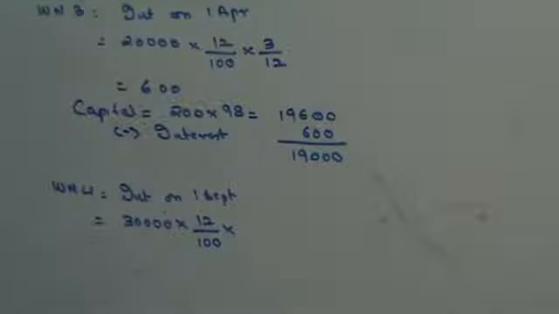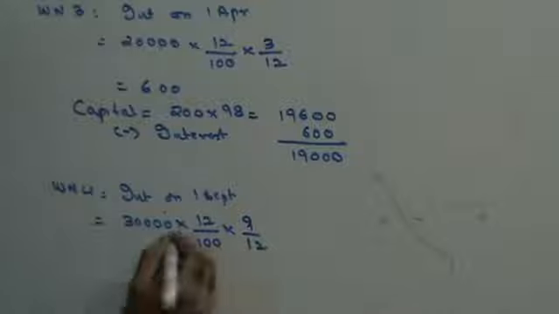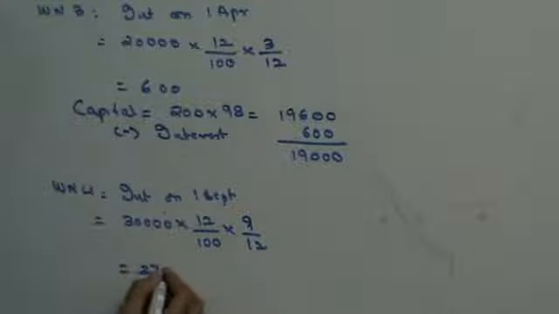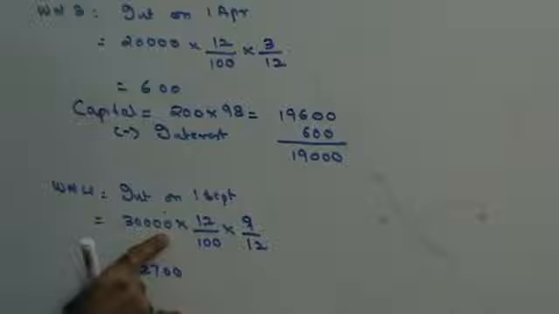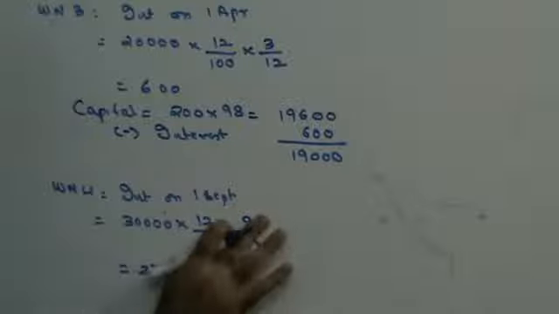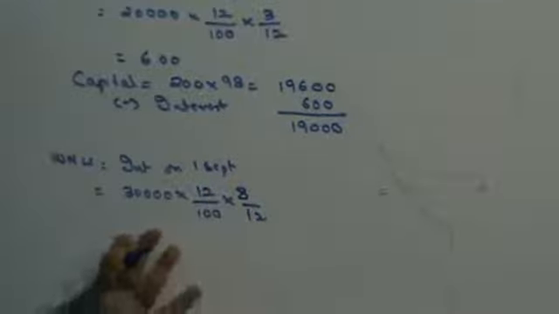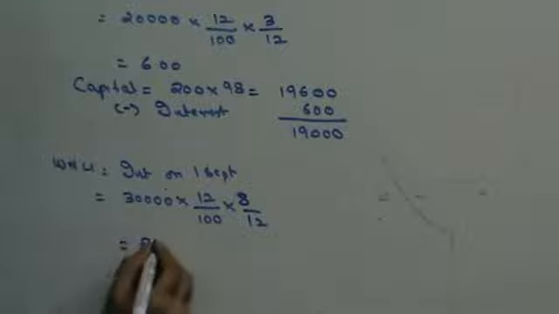That's from 1st Jan to 1st September is 9 months. So the interest is going to be 2700. Now these are ex interest. Now if these are 30,000 worth debentures, each debenture is of 100 rupees. 8 months. So 8 months. Okay. 8 months. So in that case, 2400.